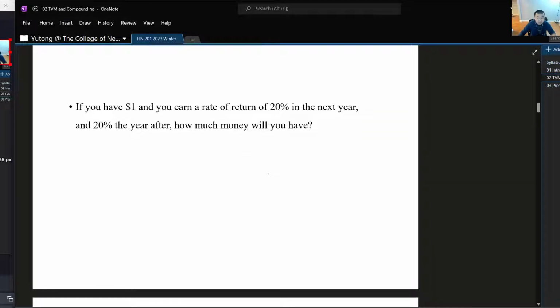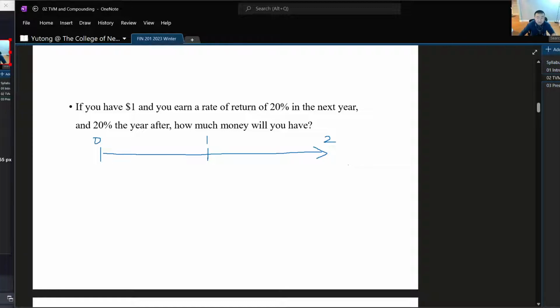So if you have $1 and you can earn a return of 20% in a year, and then in the next year, we're gonna have a more complicated timeline where we have 3 time points: today, a year later, and 2 years later.